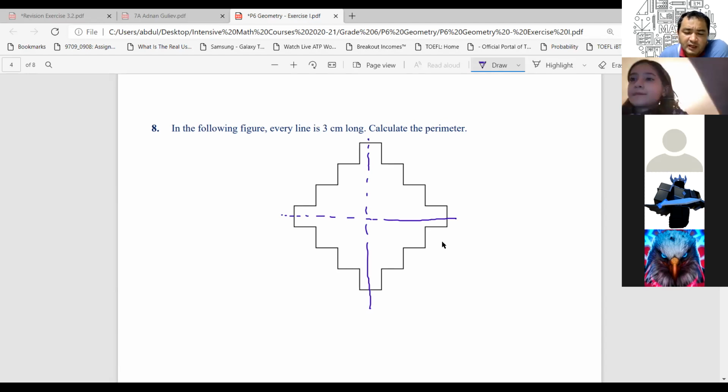Now here, how many lines do we have? 1, 2, 3, 4, 5, 6, and this one is half, and this one is half. It is 7. So the perimeter is, here we have 7, and each one is 3, and such figure we have 4, which is equal to 84 centimeters. I did the same. Very good.